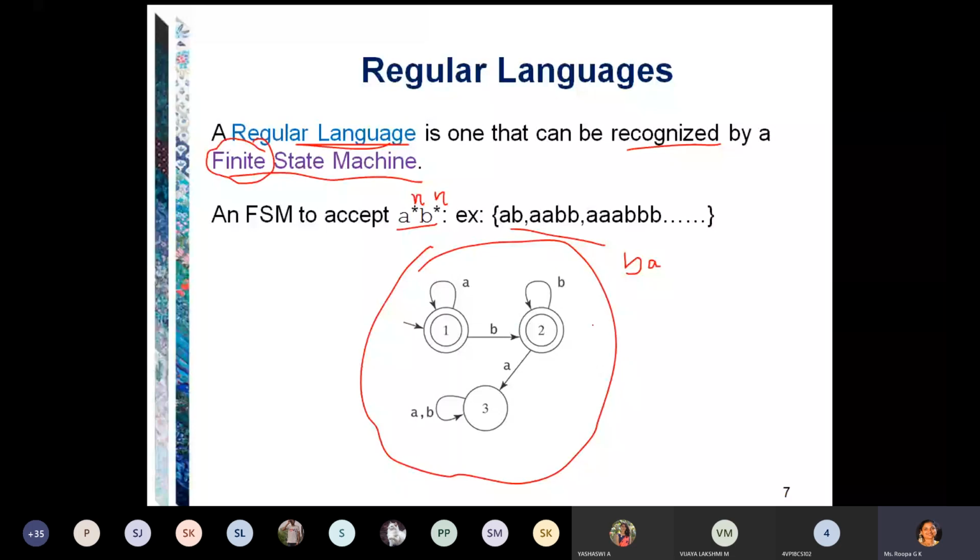If I have the input A, B, A, what happens? Where will I be at the end? Anyone? Traverse the string A, B, A. To where will I reach? State number?